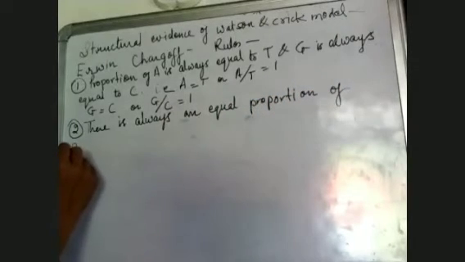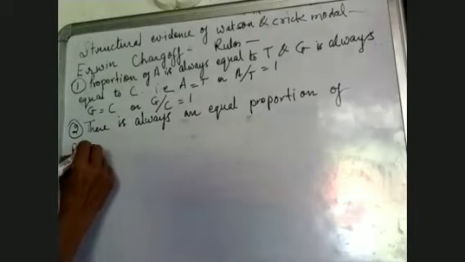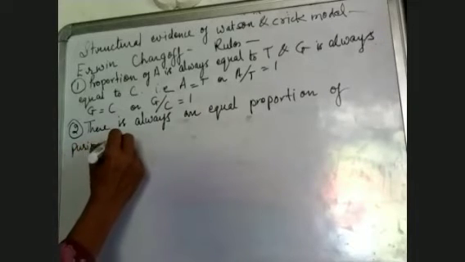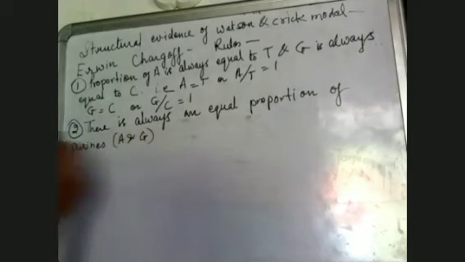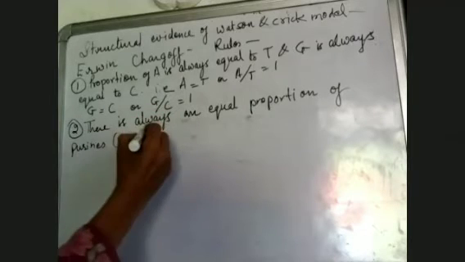What are purines? A and G. These are purines, and these are pyrimidines.